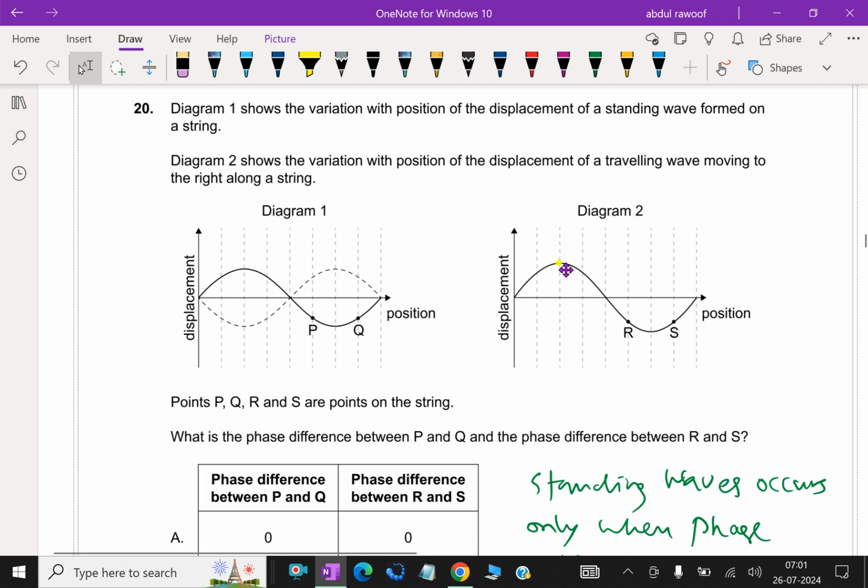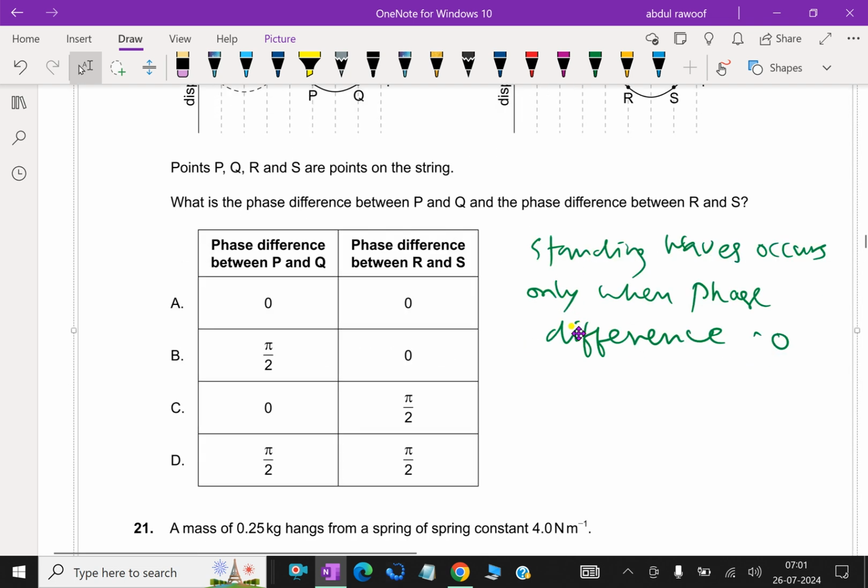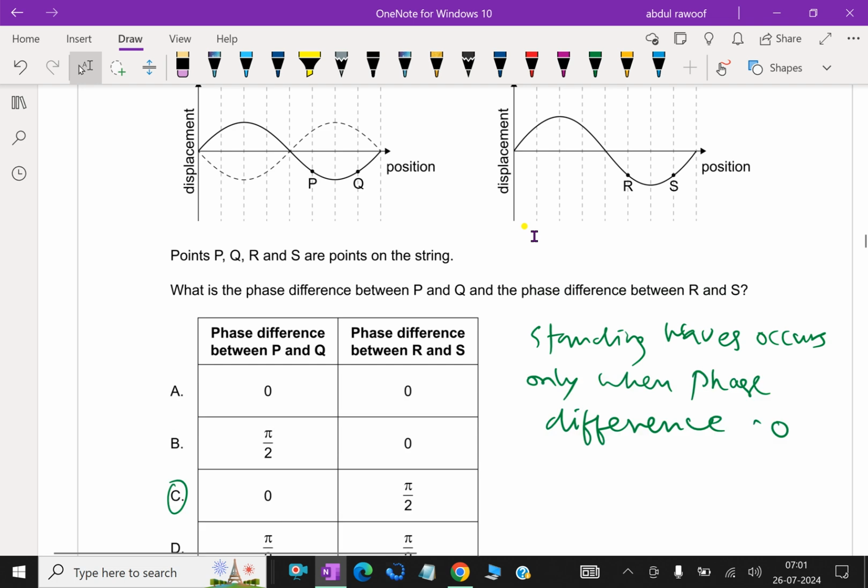So 0 and pi by 2 is the correct option, C.